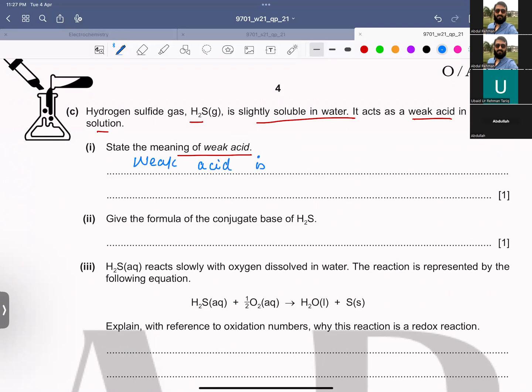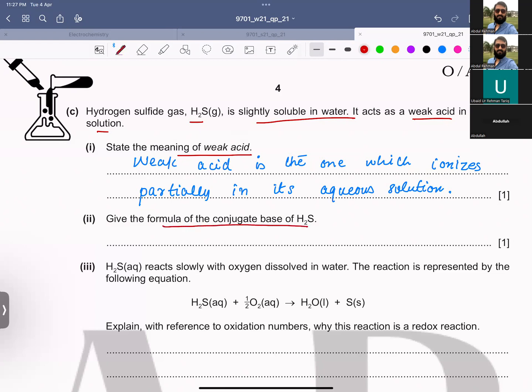A weak acid is one which ionizes partially in its aqueous solution.